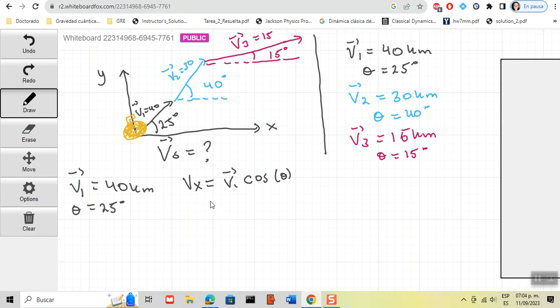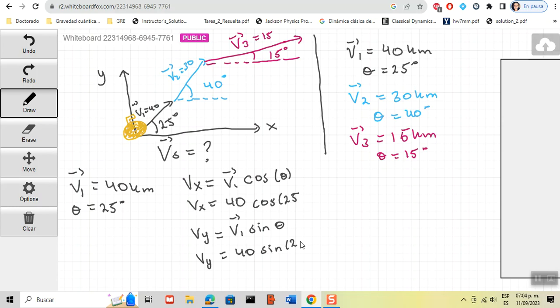In this case, the length of the vector is 40 times cosine of 25. That's going to give us the component in x. Now the component in y, we're going to use the length of the vector times sine of theta. So the component in y is going to be 40, the length of our vector, times the sine of 25 degrees.